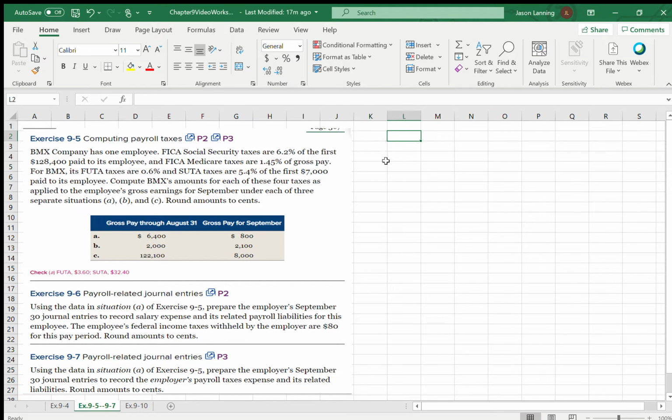How do I want to set this up? We'll do this shortly. We would have 4 taxes.